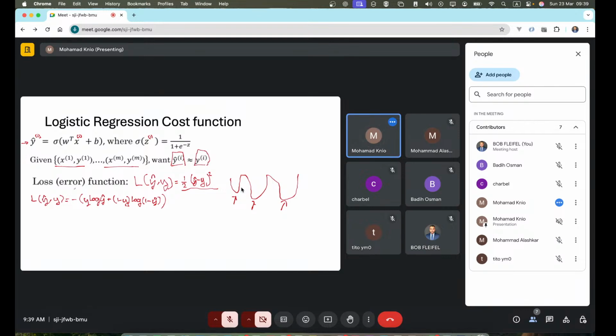And since y hat can only be between 0 and 1, it cannot be very big.